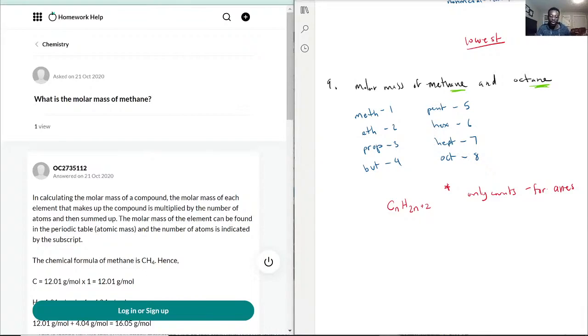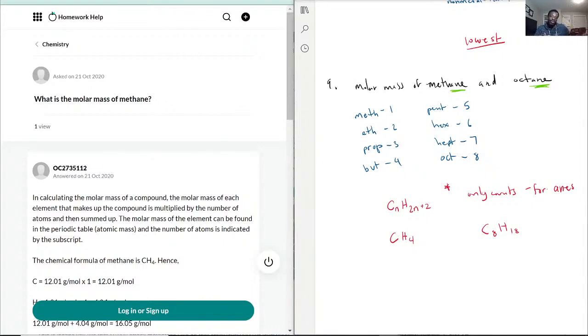So with that being said, how many hydrogens are in methane? If we use our formula, C is 1, H is 2 times 1, that's 2, plus 2, that's 4. That's how many for methane. For octane, C is 8, 2 times 8 is 16 plus 2, 18. That would be the composition of octane, okay?